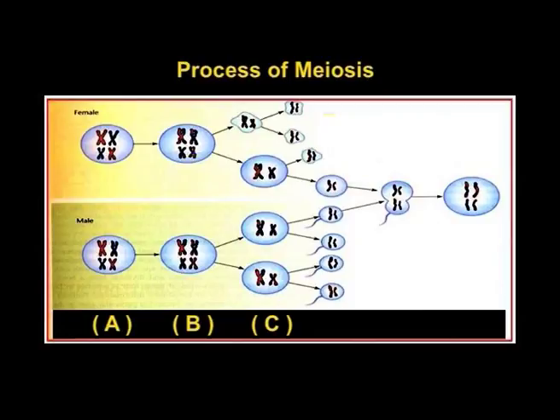In the female, two cells are also formed, but one is non-functional and may or may not produce two more non-functional cells. In D, the chromosomes separate once again, in the male forming 4 sperm cells, and in the female, a single ovum and a fourth non-functional cell. In E, we see a zygote is formed, and finally, figure F shows 23 chromosome pairs.